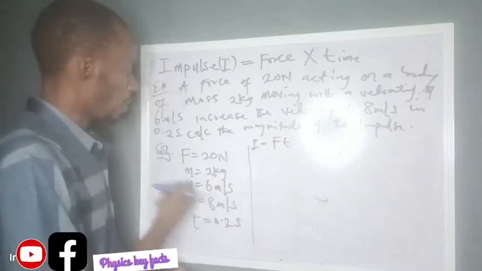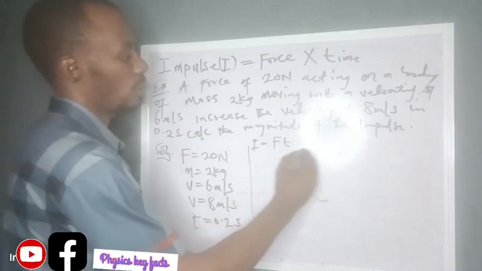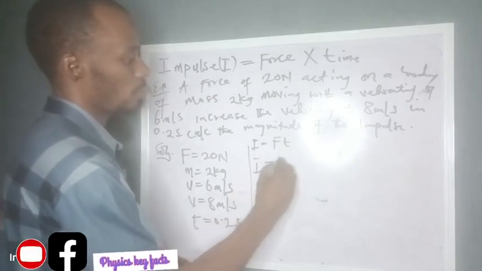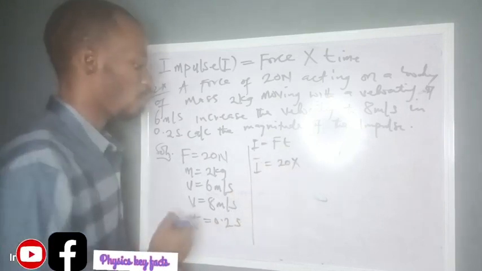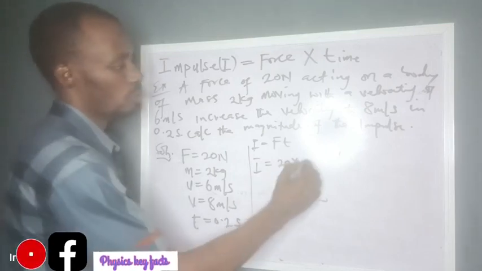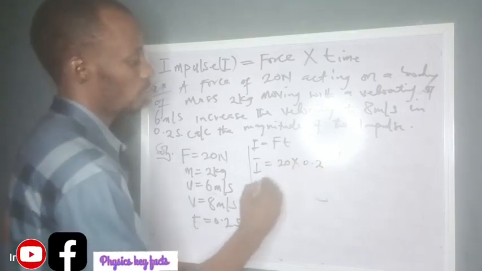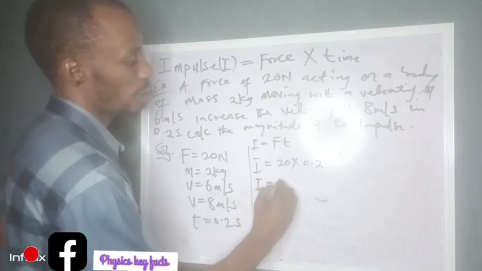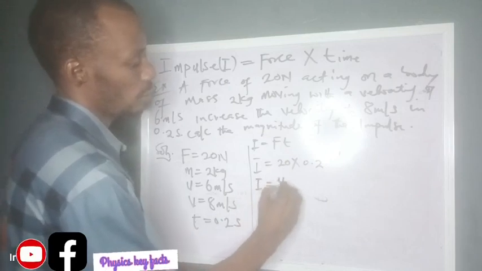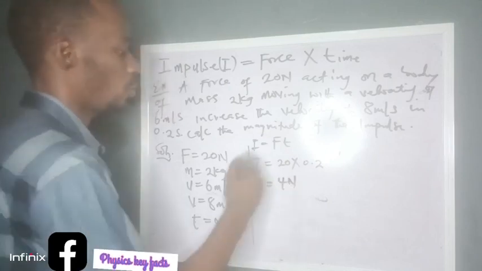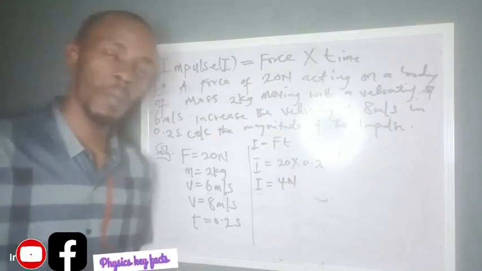So what's F from our question? F is 20. So impulse is equal to 20 multiplied by, what's t in this question? 0.2. So our answer is simply 4 Newton seconds, 0.2 times 20 will give us 4 Newton seconds.